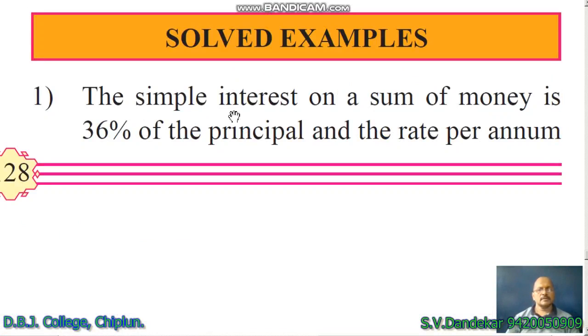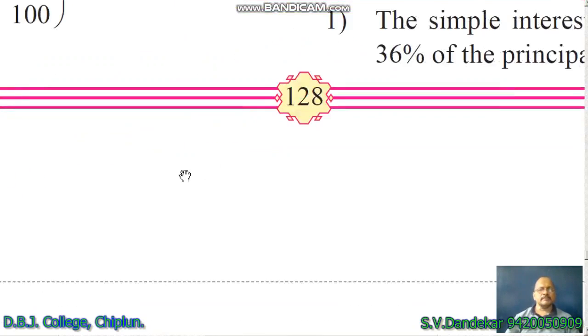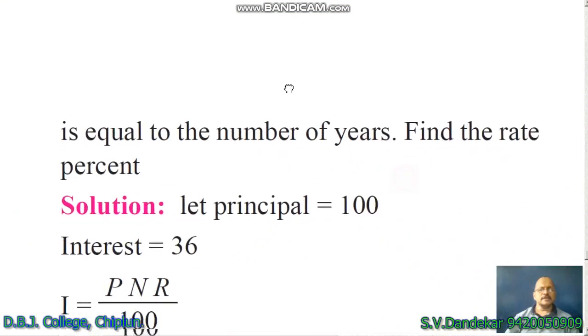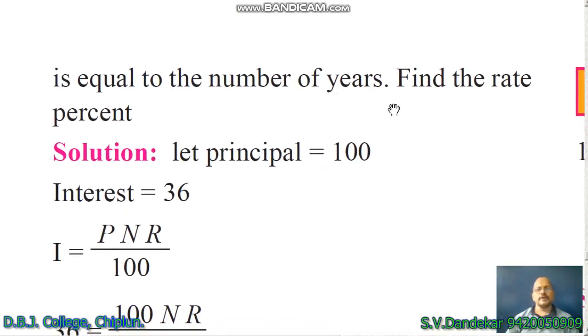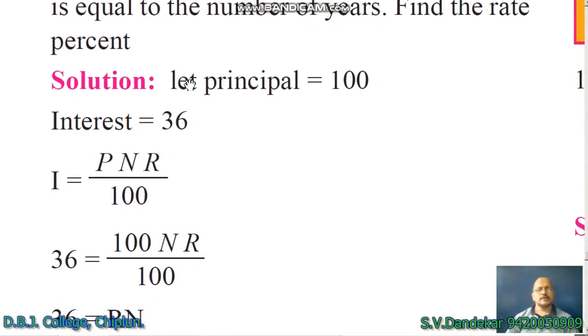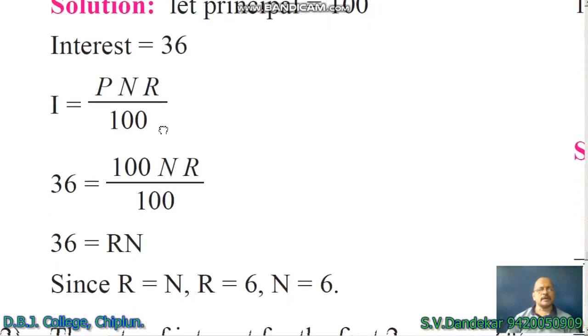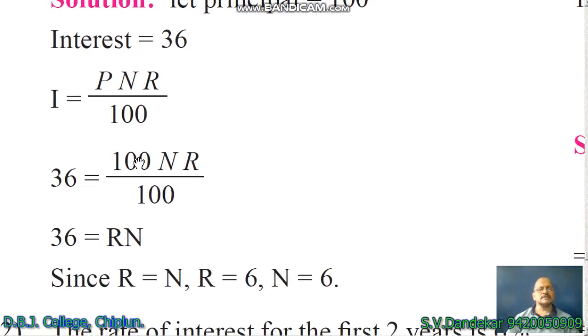First one, the simple interest on a sum of money is 36% of the principal and the rate per annum is equal to the number of years. Find the rate %. Now here, suppose the principal is 100, interest is 36, and therefore I is equal to PNR upon 100 gives us 36 is equal to 100 N R upon 100.